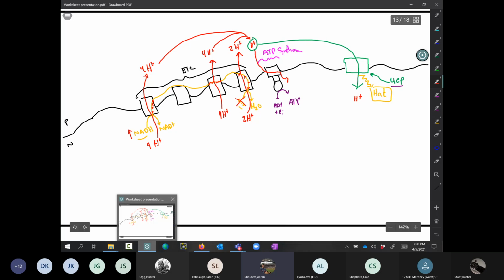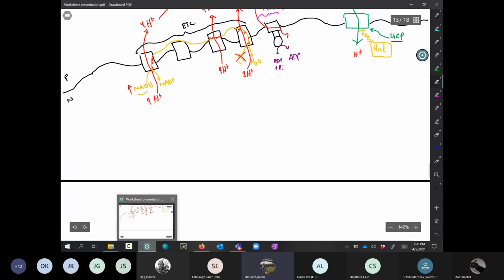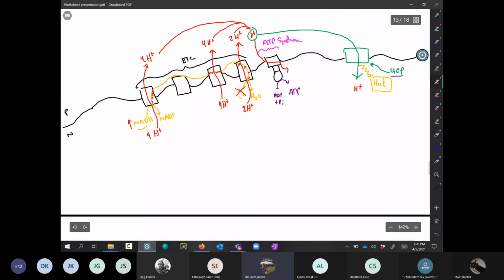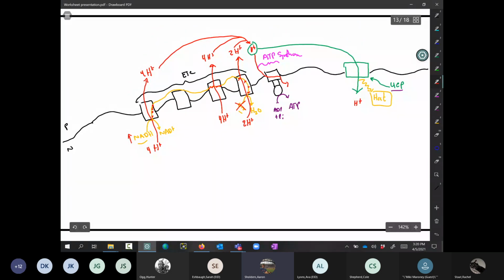This is very similar to what we talked about with worksheet number 7. But in that case, we weren't in anaerobic conditions, we were in aerobic conditions, but we had cyanide doing this. But then NADH is going to inhibit the citric acid cycle.